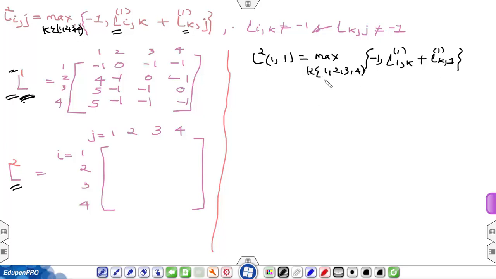So the value of k varies from 1 to 4. So in L1 comma k, 1 is fixed here.